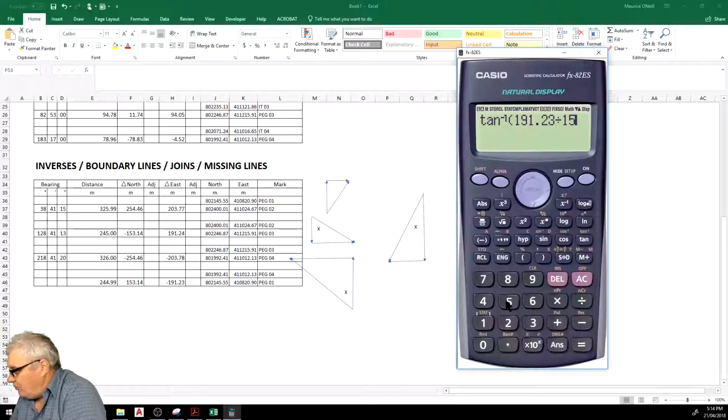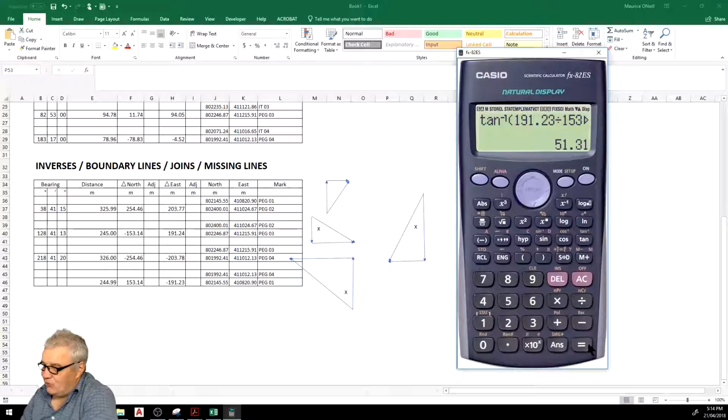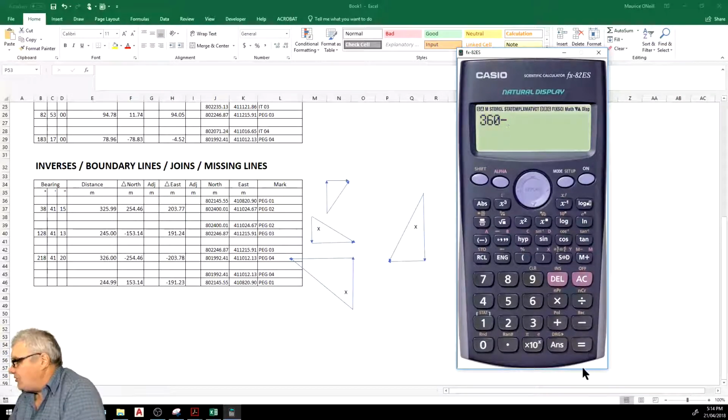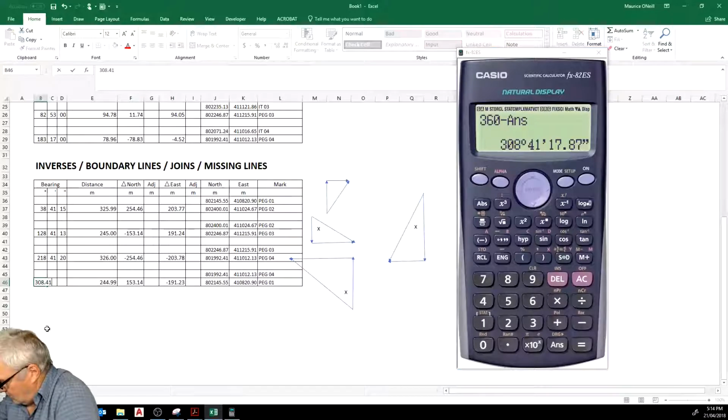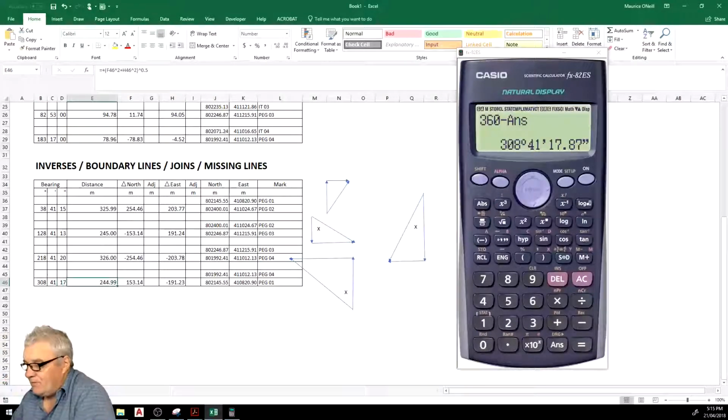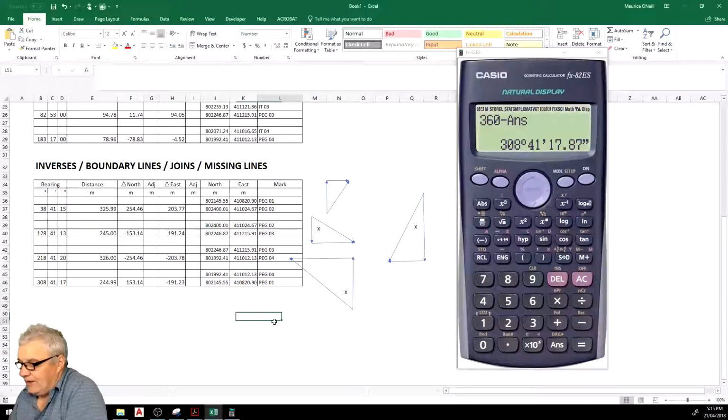I would recommend during the drawing always, because it gives you a good indication of both the scale, close the brackets, equals 51.31, and that's our answer, but we want to subtract that from 360, so it's 360 minus the answer equals 308.69, and then we make that 308.4117, and we put that in here. 308.4117 and 244.99. Okay, so that's that little spreadsheet done.